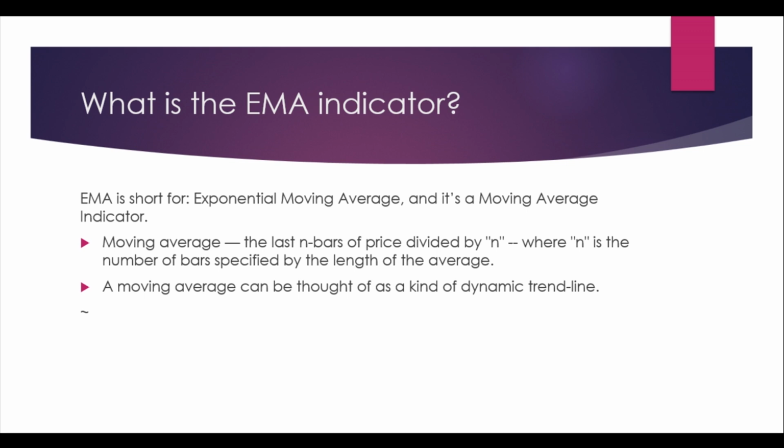So the number of bars will be in that time frame over that period that you're looking back at. The EMA can be thought of as a dynamic trend line. Some people say they use it also as a dynamic support and resistance indicator.